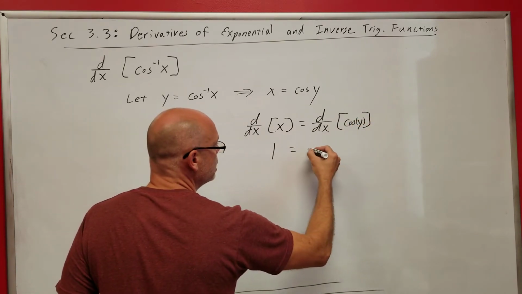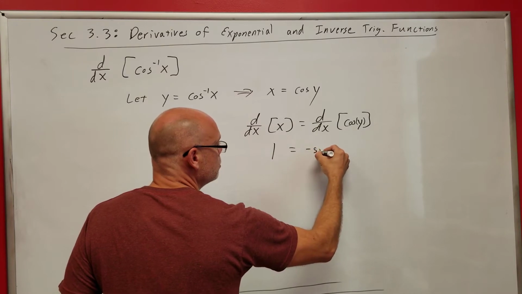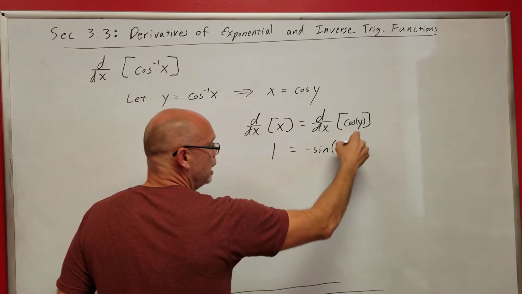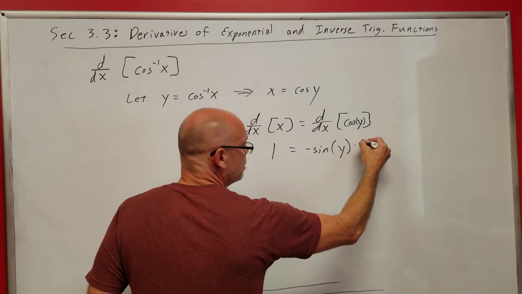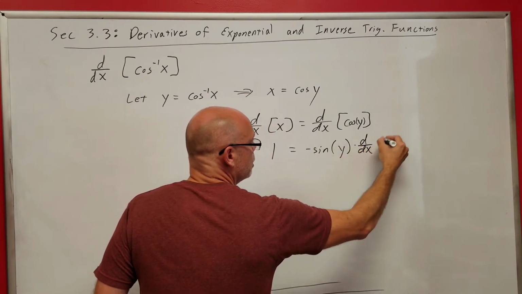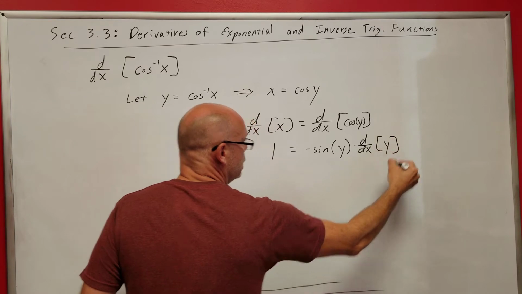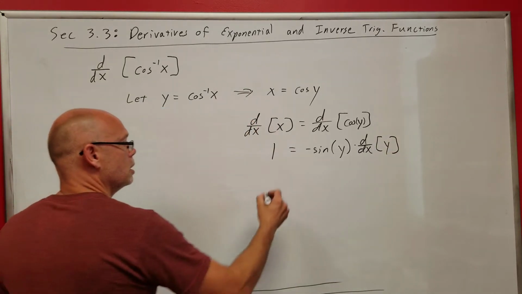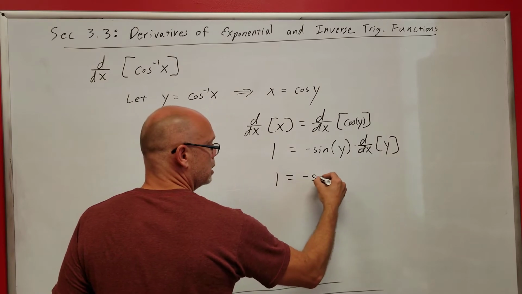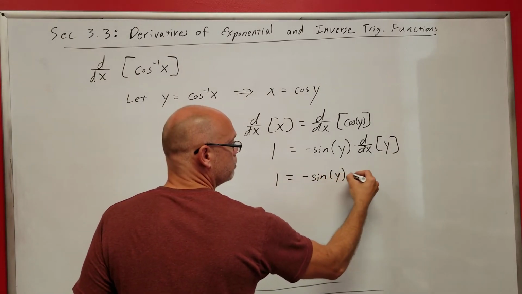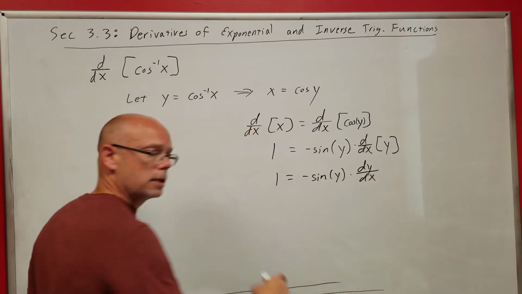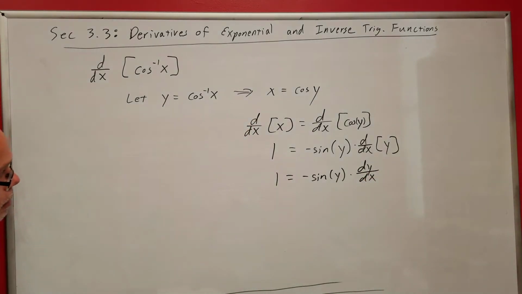Derivative of cosine is negative sine, so that's the derivative of the outside at the inside times the derivative of the inside. So that's 1 is equal to negative sine of y times dy over dx is another way I could write that.